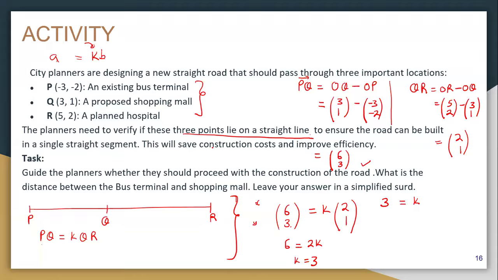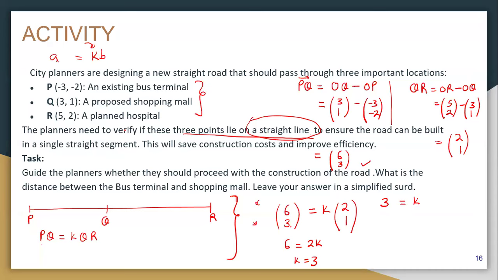Now, always, in case in the question they have used the word straight line, better you stick to that, instead of bringing in collinearity. So here I would expect you to say, the planners should proceed with the construction of the road since the 3 locations P, Q, and R lie along a straight line and have a common point Q where PQ is equal to 3QR, or you can say there is a scalar multiple 3, which when you multiply, you get the other.